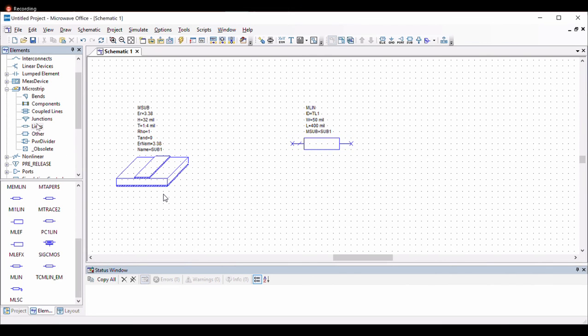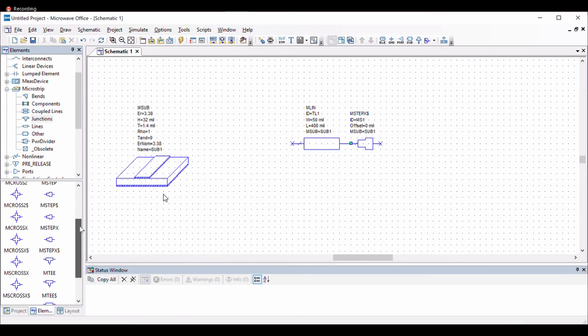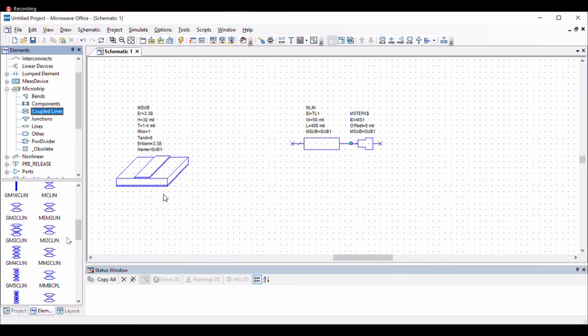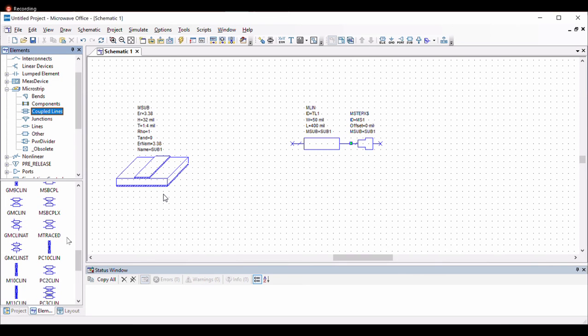And if you want to do a junction, I'm going from a thin line to a thick line, so I do an M junction, or if I do a T junction, there's all kinds of stuff here. And then there are coupled lines. If I have coupled lines, there are more than 2. You can do a lot of things here.